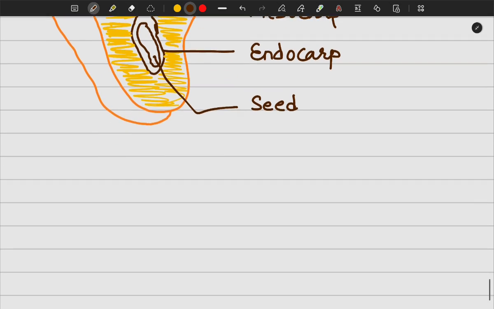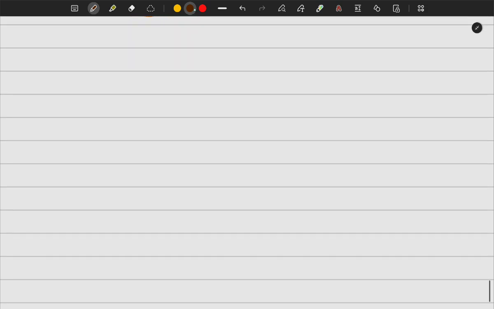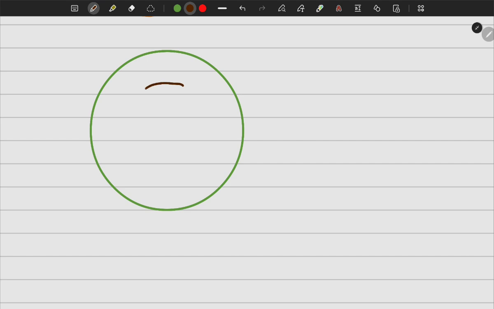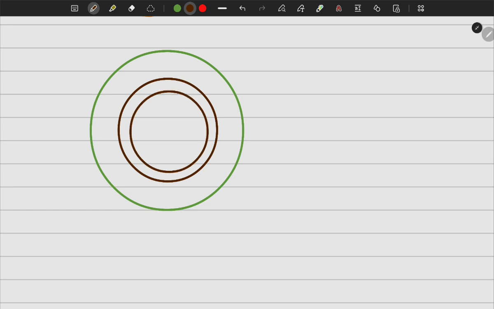Now let us look at the structure of the coconut fruit.